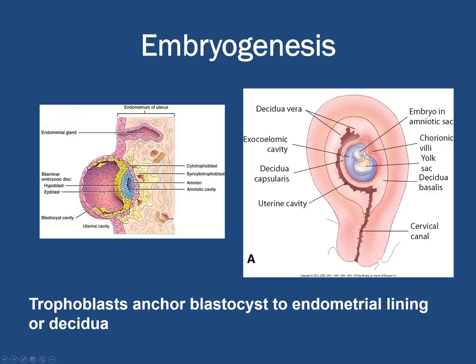That is the chorion laeve. While the chorionic villi in the decidua basalis increase rapidly in size and complexity, they are forming the placenta.